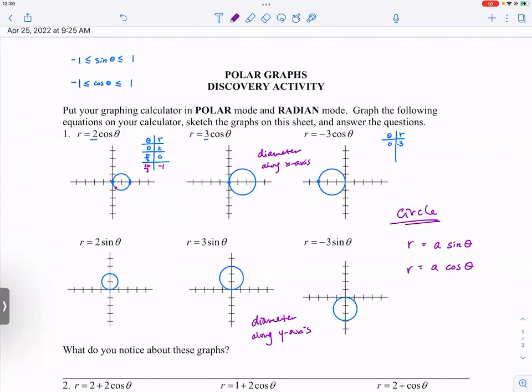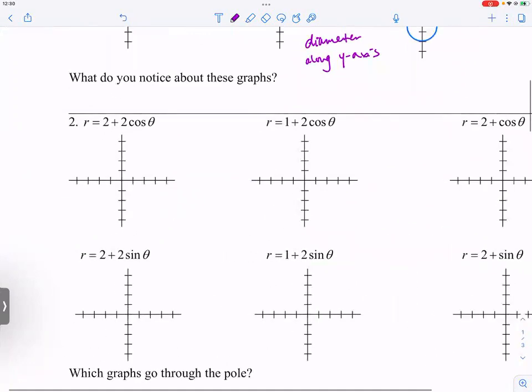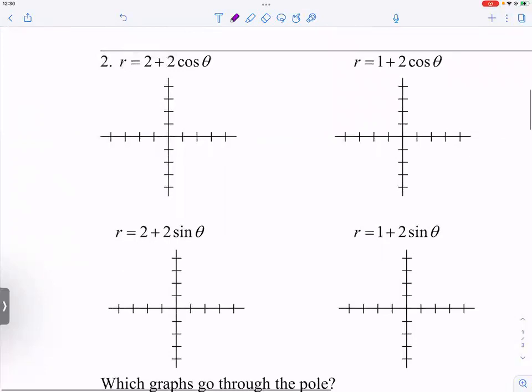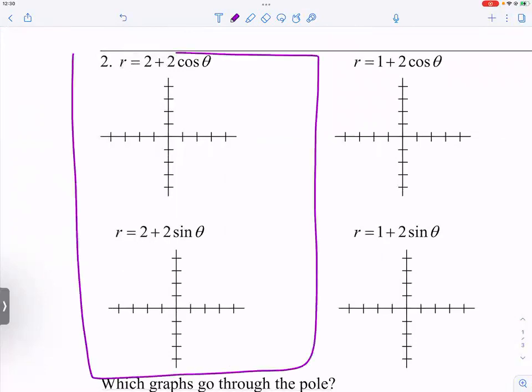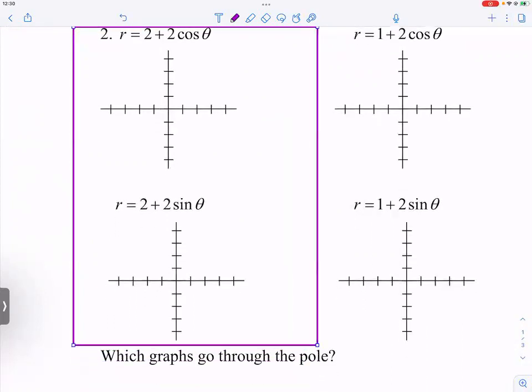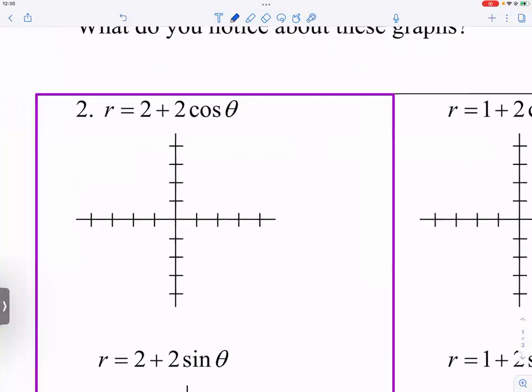All right, now, what I want you to do for the next 6 graphs is this. First, I want you to do this as a group, so these two vertically as a group. And in addition to graphing, I need you to write down some crucial information.